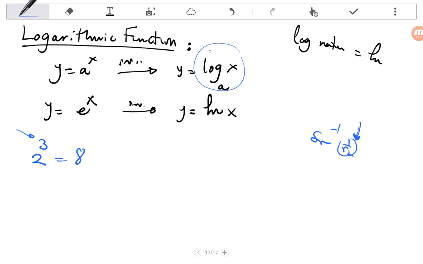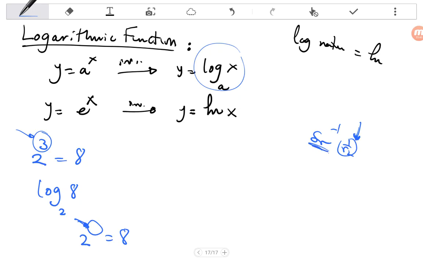So what is the log? The log is the exponent. When I ask what is log base 2 of 8, it is as if I am asking what is the exponent that I need to put on 2 in order to get a value of 8.